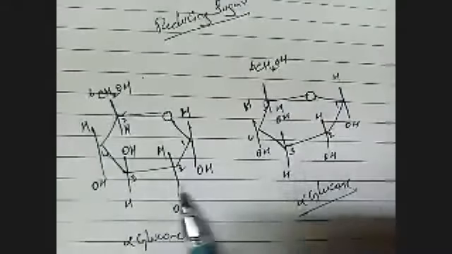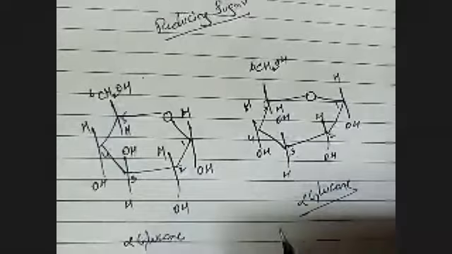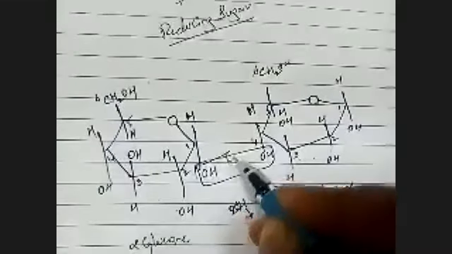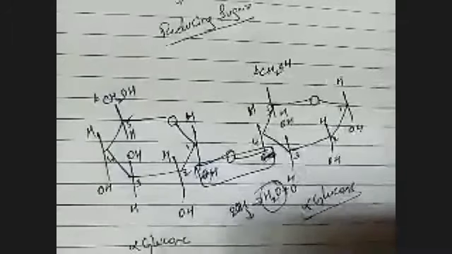So we need to link these two with the 1 and 4 carbons. That's why we'll remove two OH groups, which leads to the formation of H2O plus O. That O is involved in the bond formation, and the H2 will form one molecule of H2O.